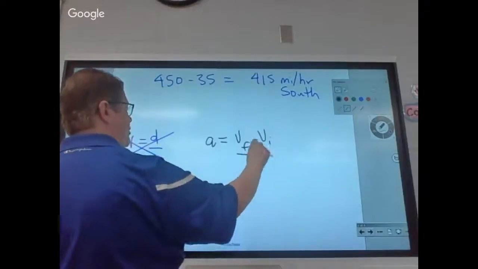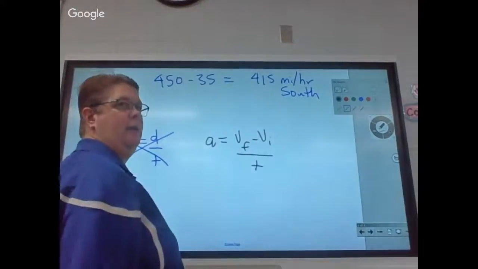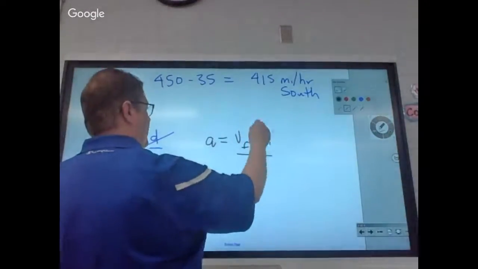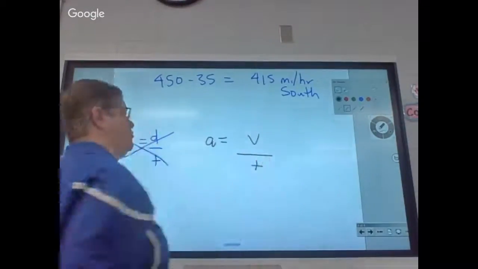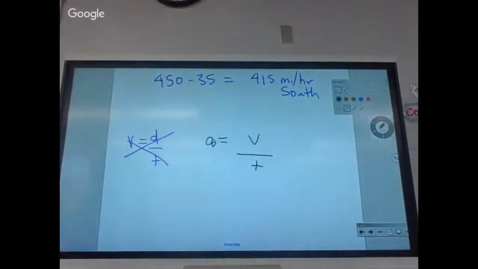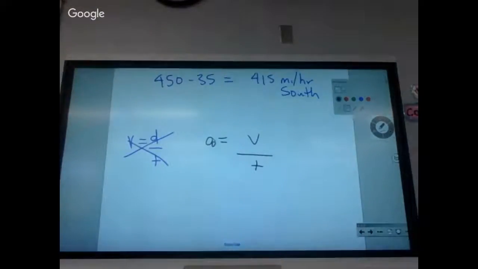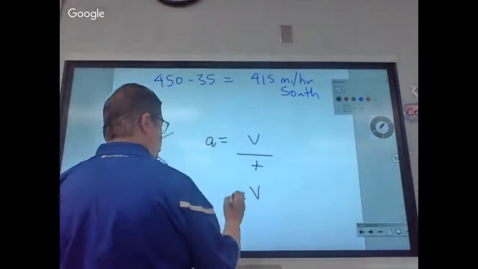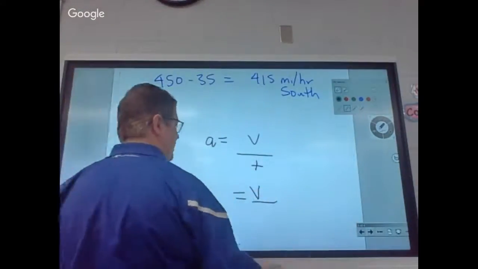No, so what should we do to that if we're looking for V? Make it one. So get rid of that and make it one velocity. That's why I told you I like this formula, because it's asking you to find velocity, so you just need to make it one velocity. So your velocity is what we want, so you need to find A and T in the question.